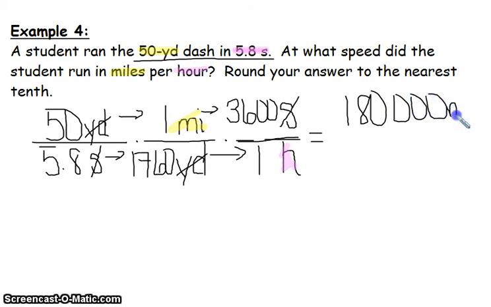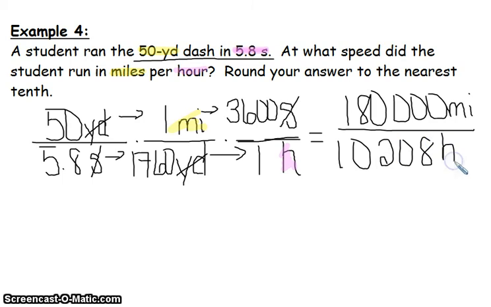And our units on top are miles over 10,208 hours. But we want this in units of 1, miles per 1 hour. So go ahead and divide those, and you're going to get approximately 17.6 miles per hour.